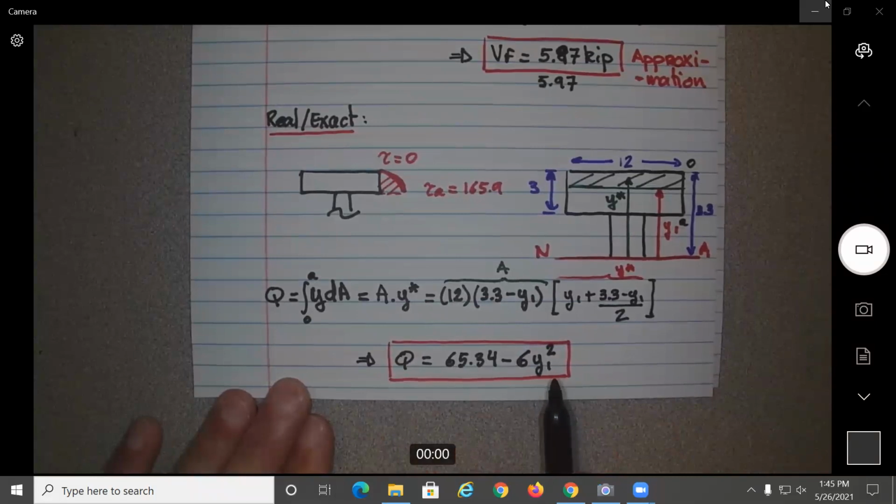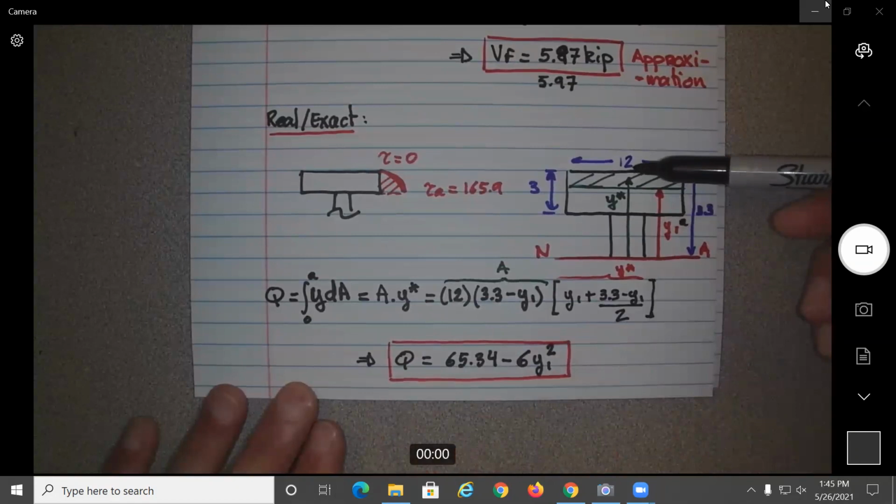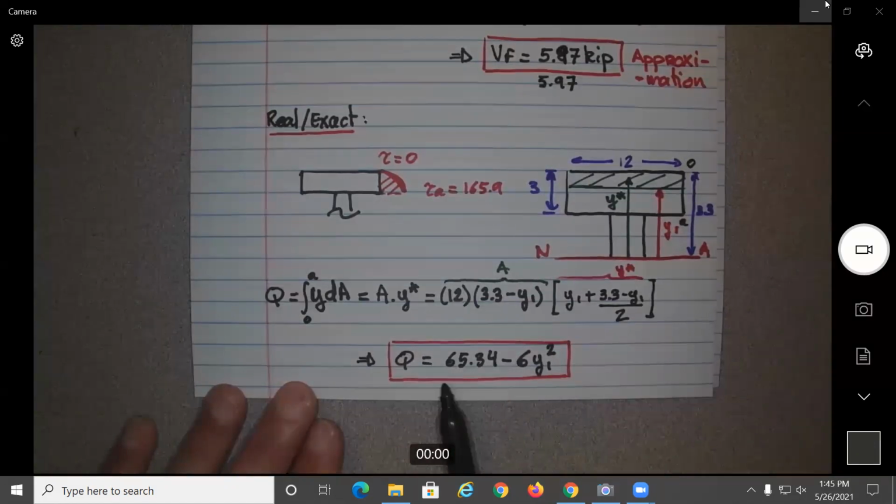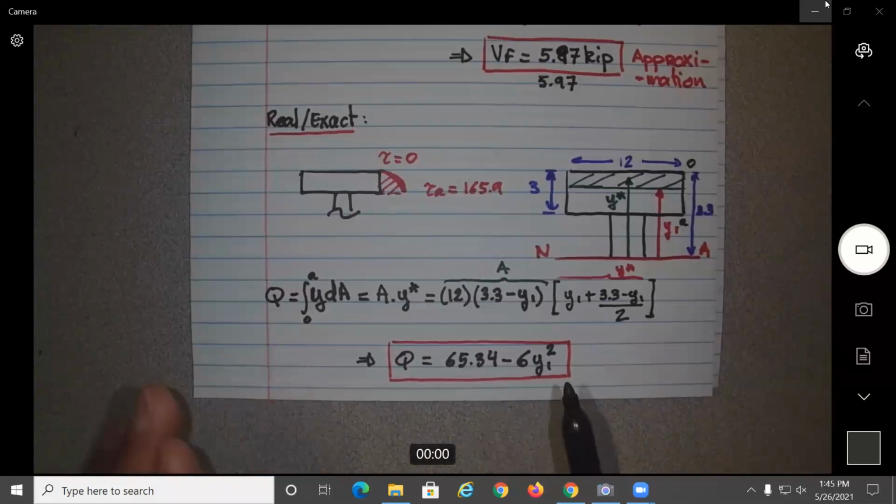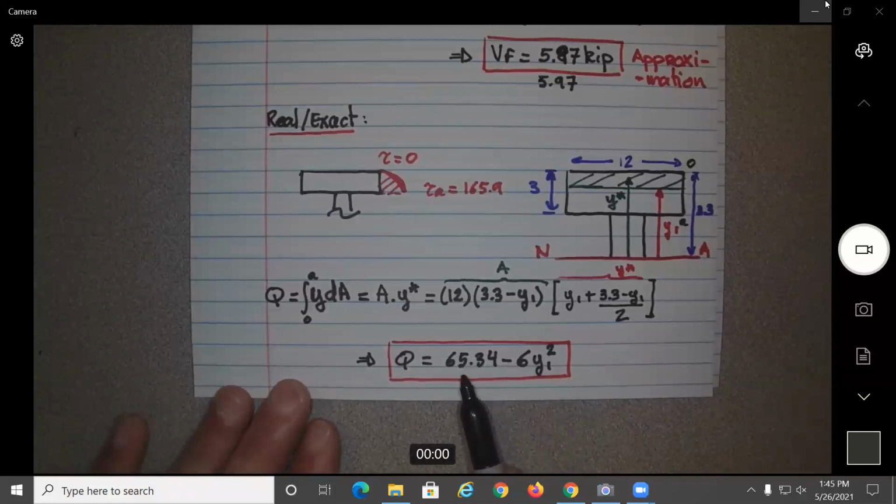Okay, so let's do something very quick. Since you have the calculators, let's check. What should be the shear stress at the top? It should be 0, no? Because there is no area. So can somebody do very quick, what should be Q at y sub 1 equal to 3.3? How much is 6 times 3.3 squared? Hopefully it would be very close, if not exactly equal to 65.34, no? It's exactly that.